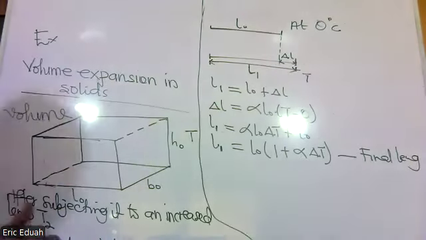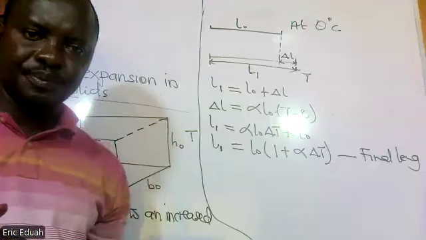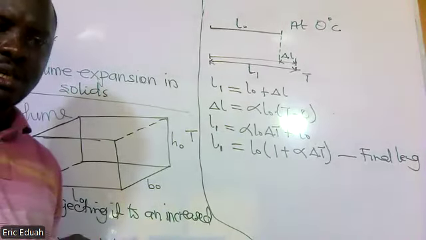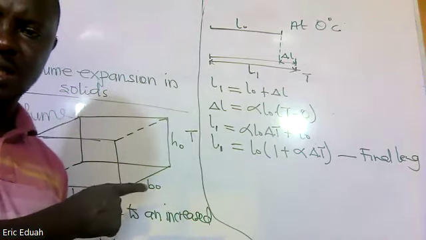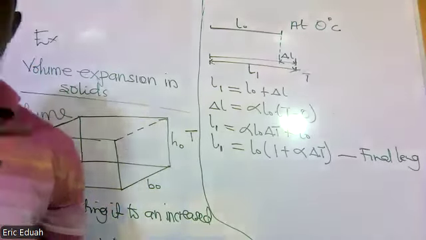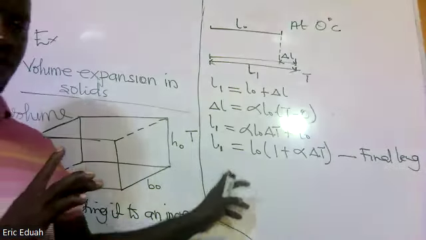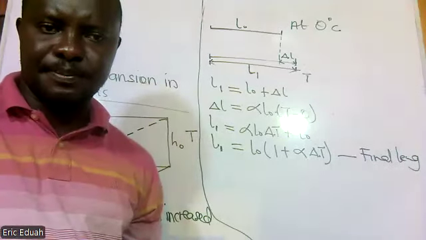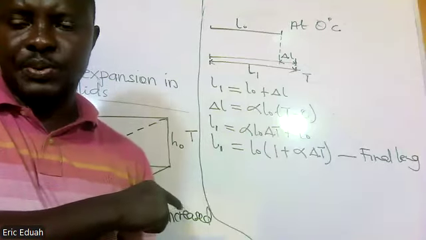Alpha is the coefficient of linear expansion, meaning the change in length per unit length per degree or Kelvin rise in temperature. That is the definition of alpha.